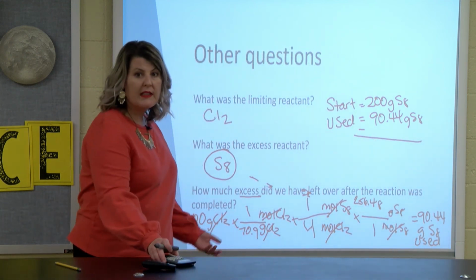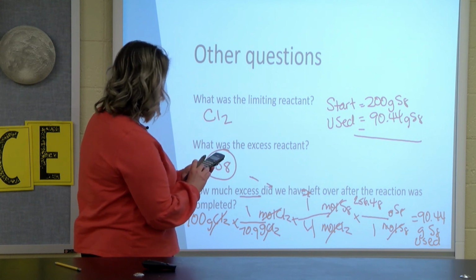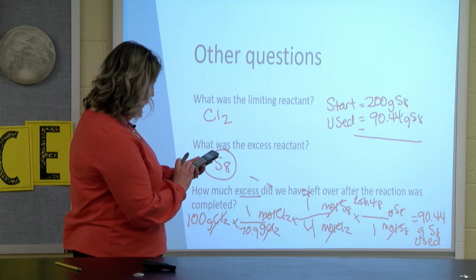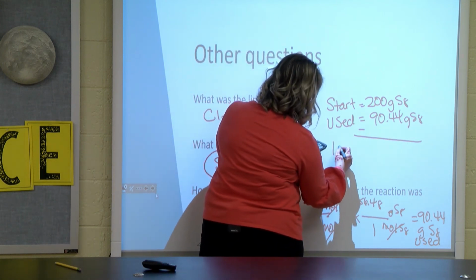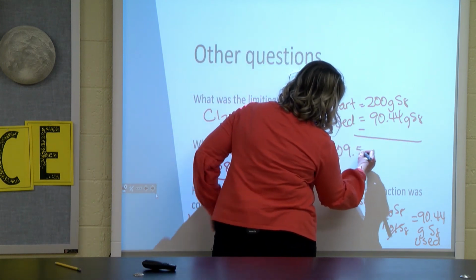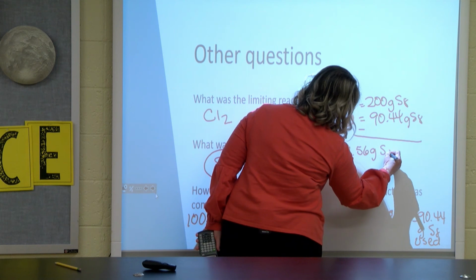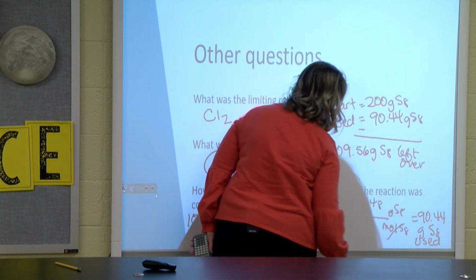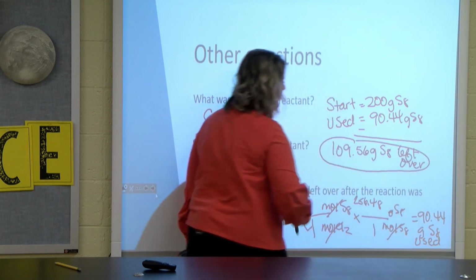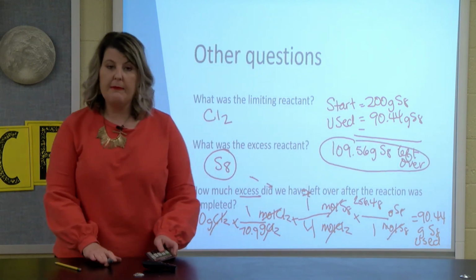All you do is subtract. So I'm going to say 200 minus 90.44, and that's going to tell me that I have 109.56 grams of S8 left over or remaining. Either one will work perfectly fine.